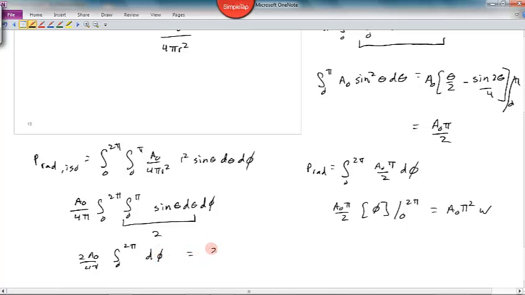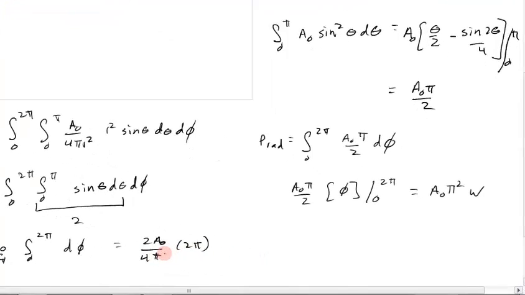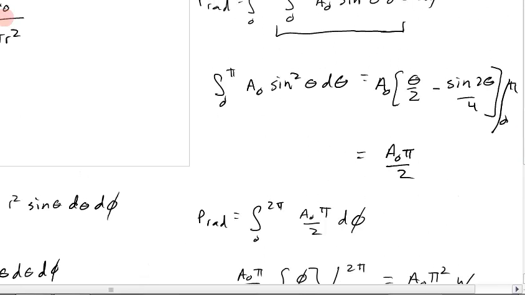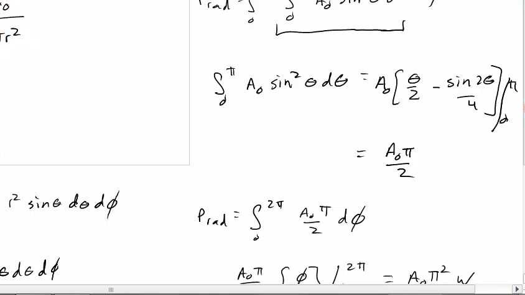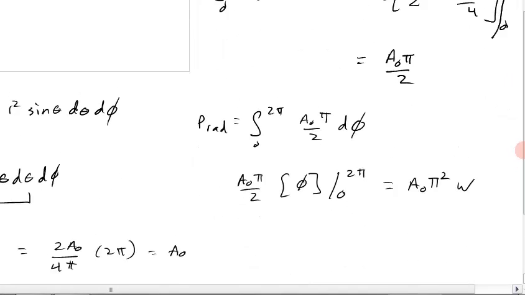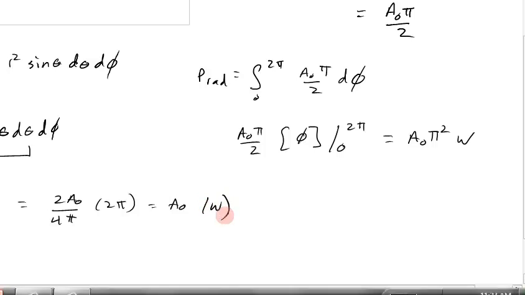That's just going to give me 2 A0 over 4 pi times 2 pi. The 2 and the pi's, the 4 and the pi cancel, and I get A0, which makes sense. If I've got an isotropic emitter, this is its power density function right here, so the total power is just going to be what was in the numerator. I think that makes intuitive sense, in watts. So that is power density.